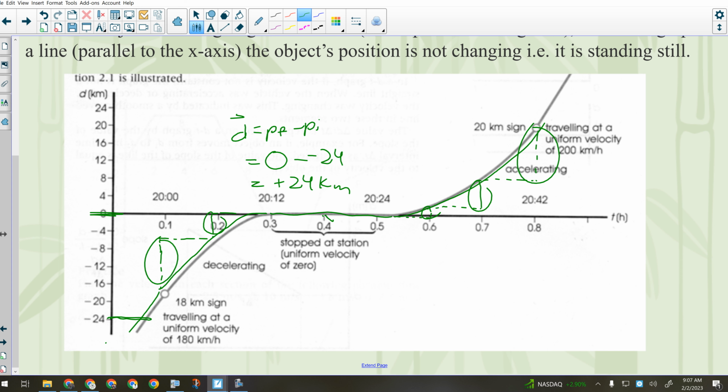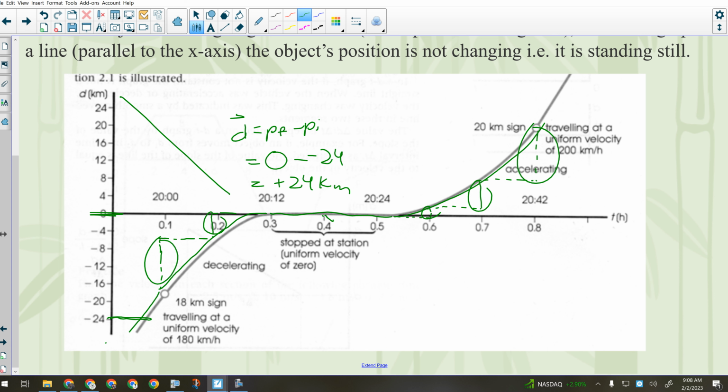Okay? If this object was moving in a negative direction, what would the line look like? Because right now we're seeing that it's definitely moving in a positive or forwards direction. Like that way? Yeah.